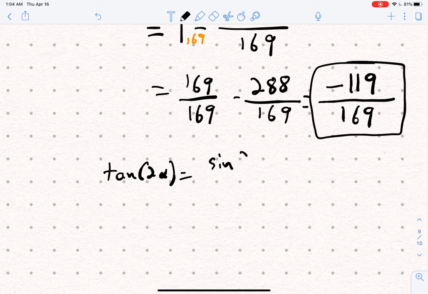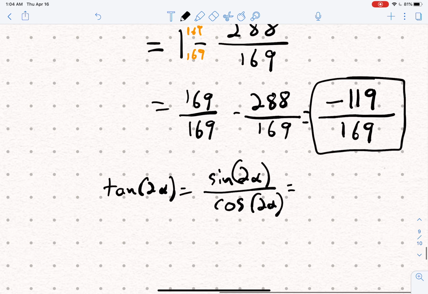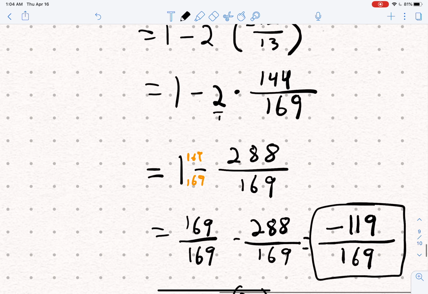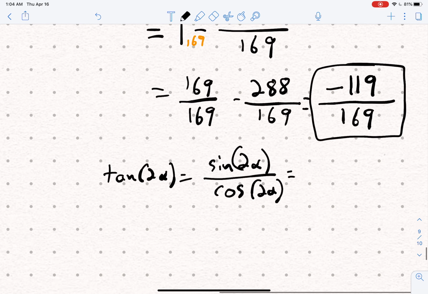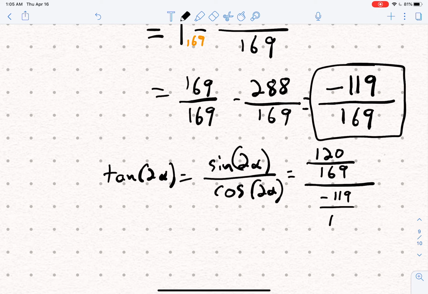This is sine of 2 alpha over cosine of 2 alpha, and those are both things that we already found. Sine of 2 alpha was 120 over 169, so the top is 120 over 169. And the bottom is cosine 2 alpha, which is negative 119 over 169.